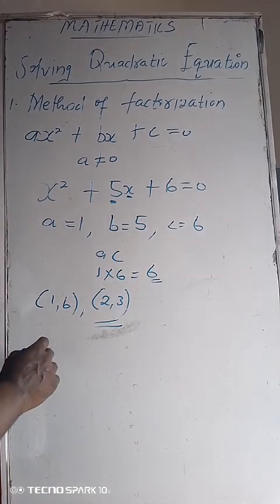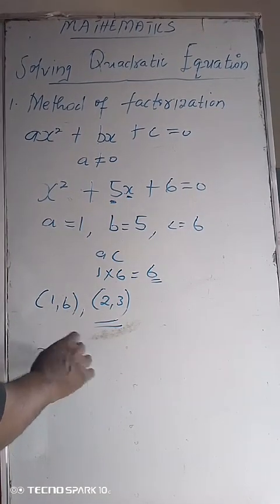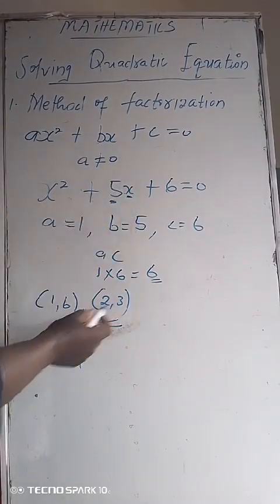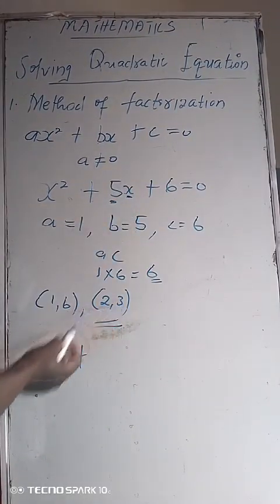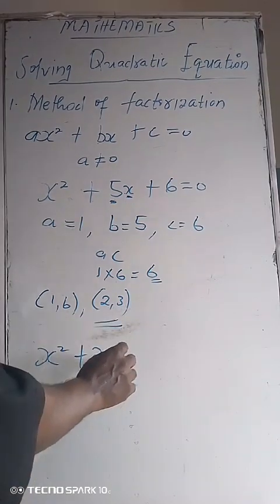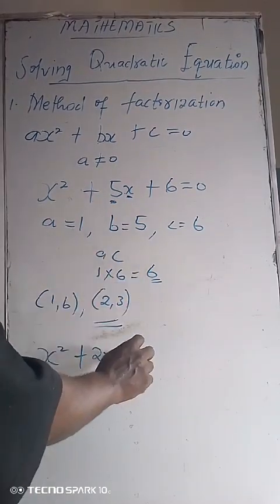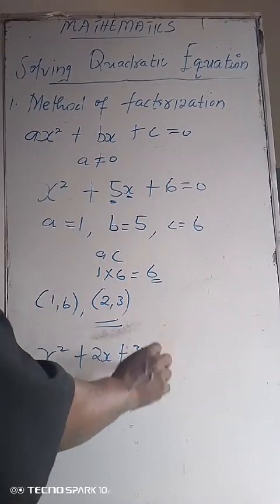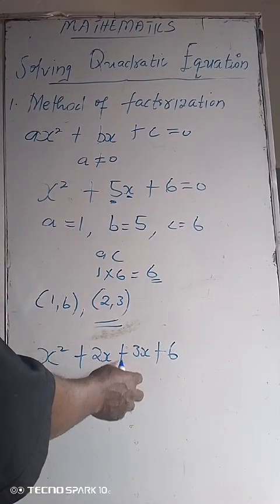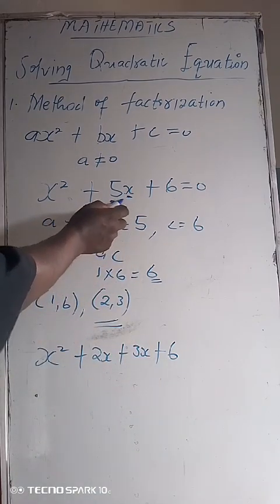So basically it's going to be x squared plus, instead of the 5x, we are using the factors, so we have 2x plus 3x plus 6.